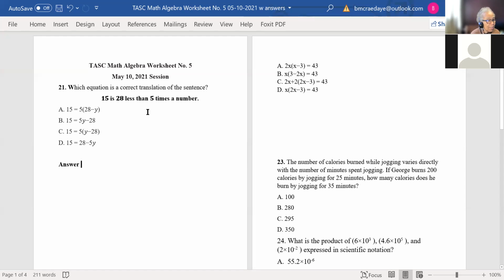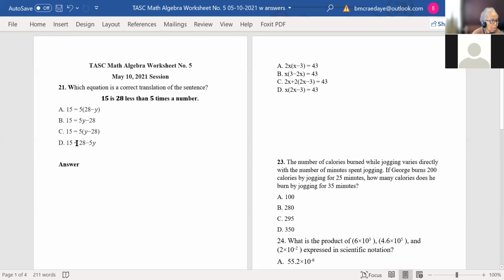So which one is saying you're taking 5 times a number and subtracting 28 from it? Okay, a 5 times number, that's a multiplication. Is it B?